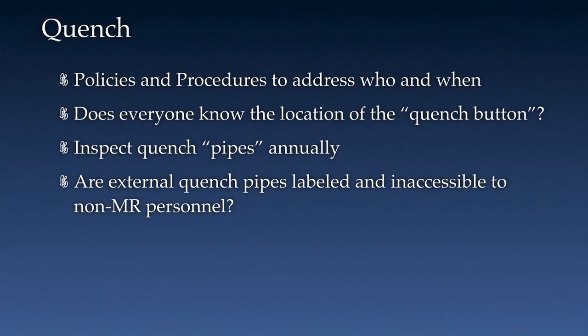The quench pipes or ductwork should be inspected annually to ensure that they are sound and that they are not obstructed. Also check to ensure that the portion of the pipe that is external to the facility is clearly labeled as that being a dangerous area and that access in and around that pipe is restricted.